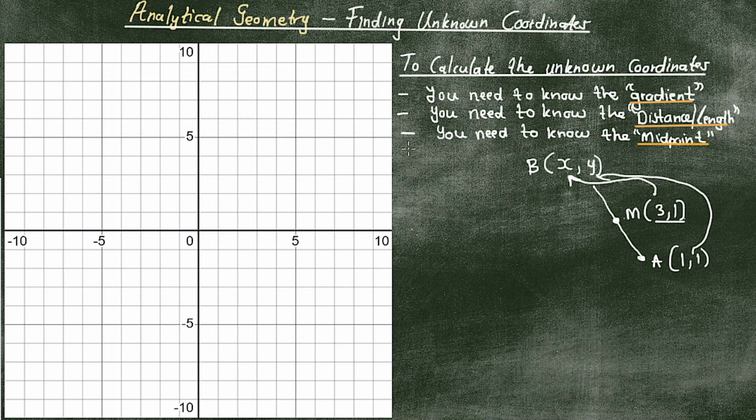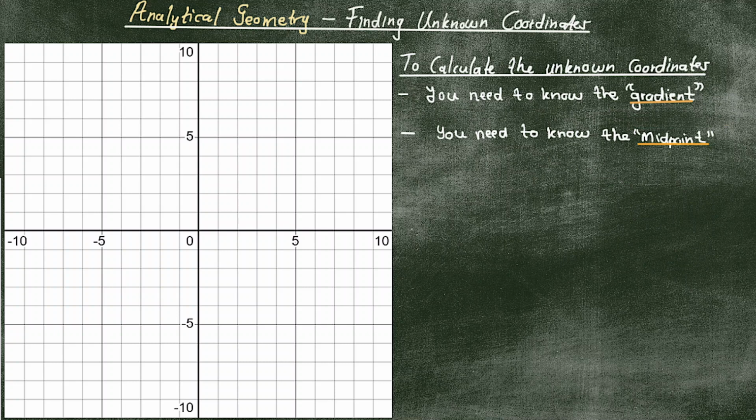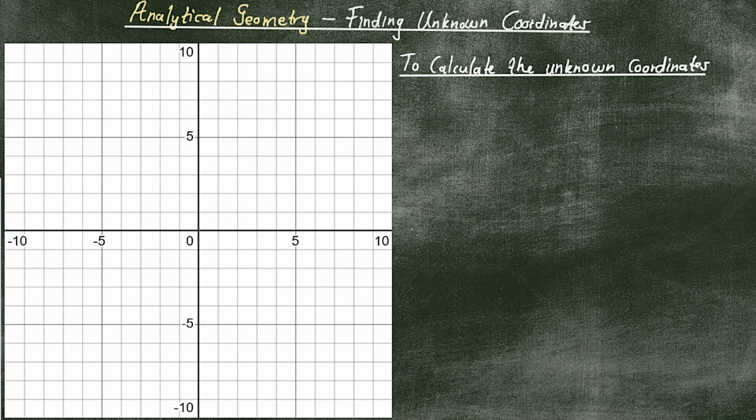That's how powerful the midpoint scenario is. But for the distance and the gradient, it's kind of a challenge. So we're going to discuss each scenario. Maybe we can take our first example.